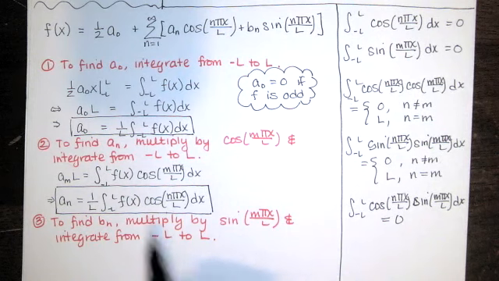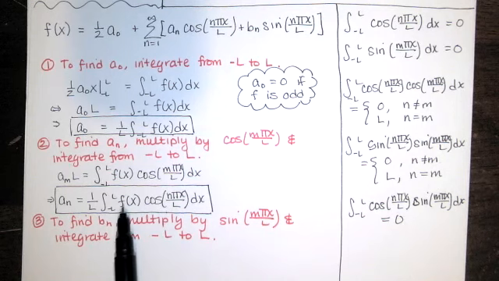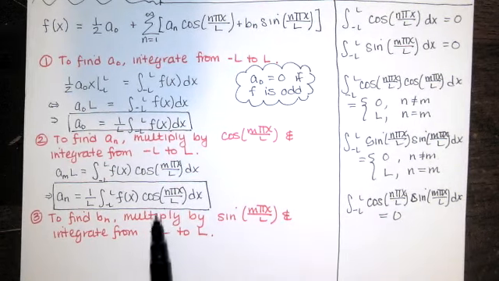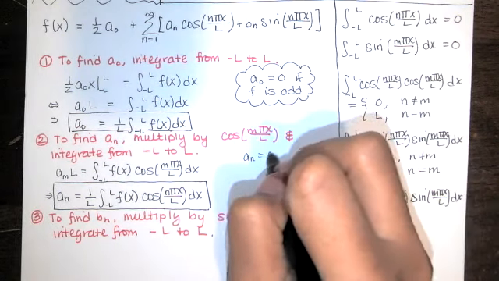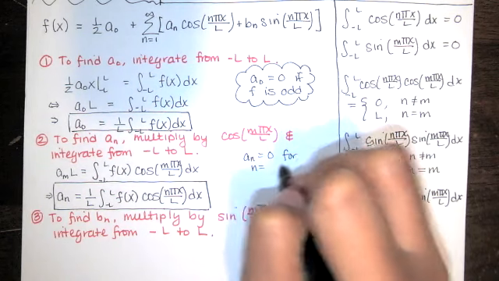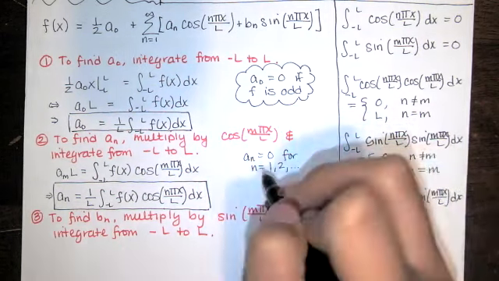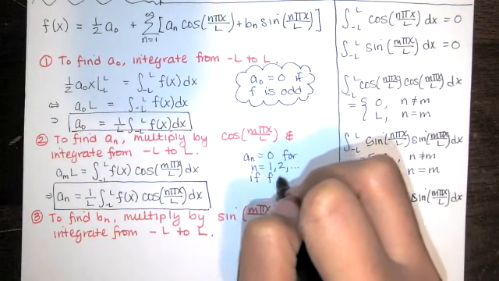But you might say to yourself, okay, well, what happens if f is odd? Well, if f is odd, this is an odd times an even. Remember, cosine is even. An odd times an even is odd. So this is the integral of an odd function over a symmetric interval. So we're going to get 0. So those are all going to be 0 if f is odd.